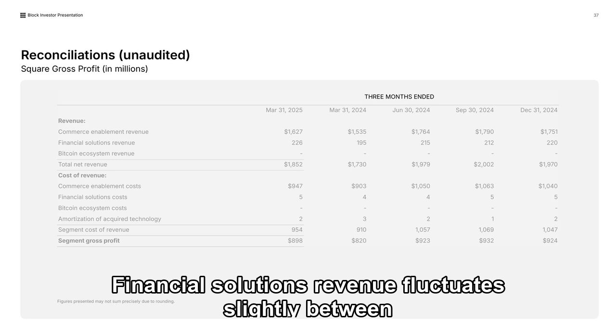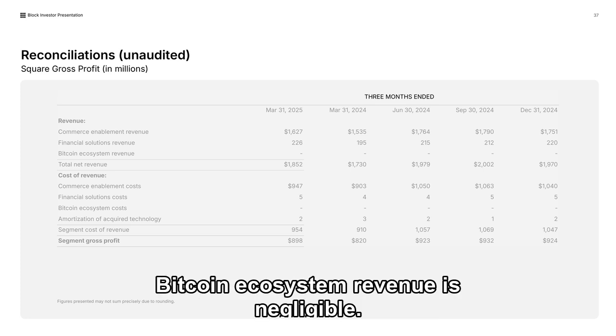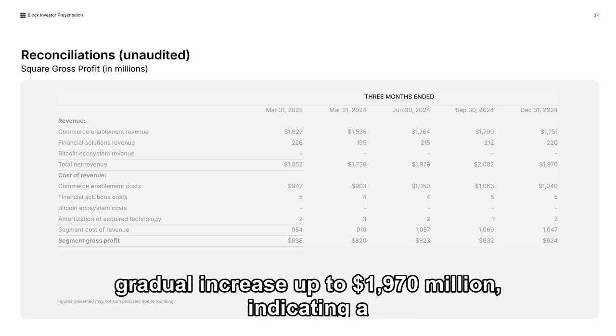Financial Solutions revenue fluctuates slightly between $226 million and $220 million but generally remains stable. Bitcoin ecosystem revenue is negligible. The total net revenue begins at $1,852 million and shows a gradual increase up to $1,970 million, indicating a positive pattern.